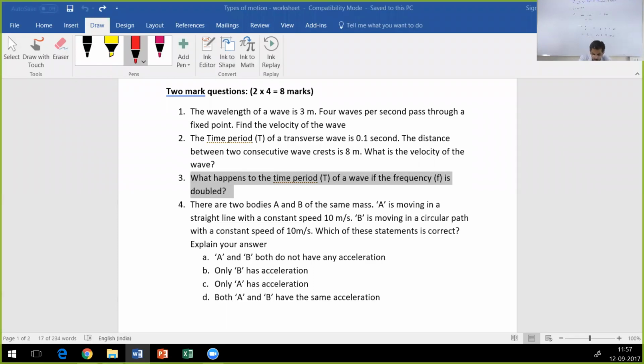So write down the next question. What happens to the time period t of a wave if the frequency is doubled? So the time period, what happens to it if the frequency is doubled? That's the question.